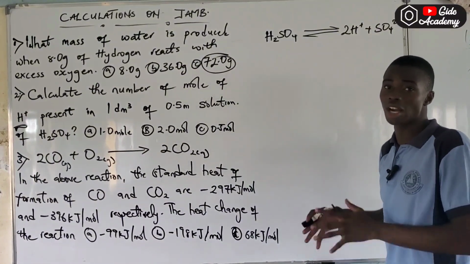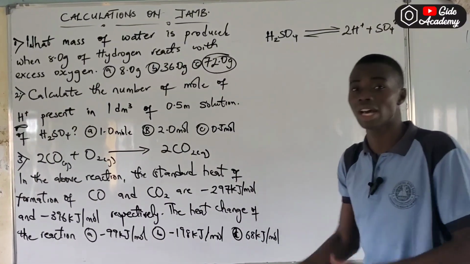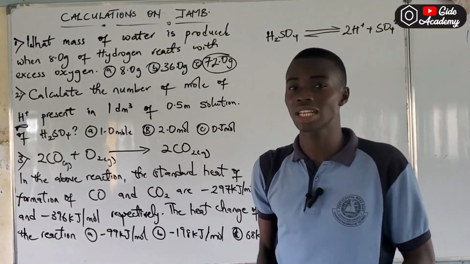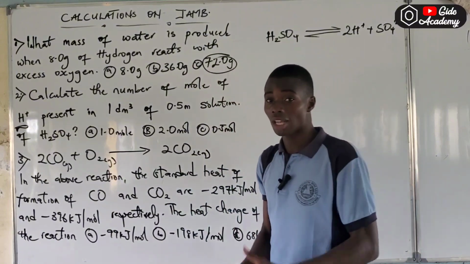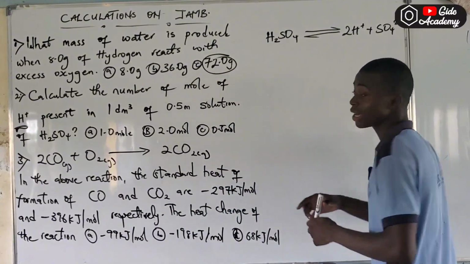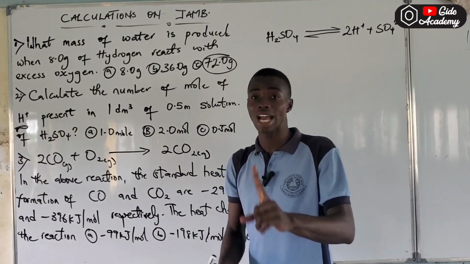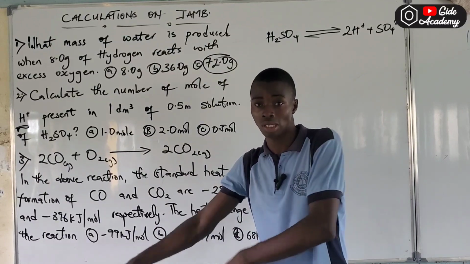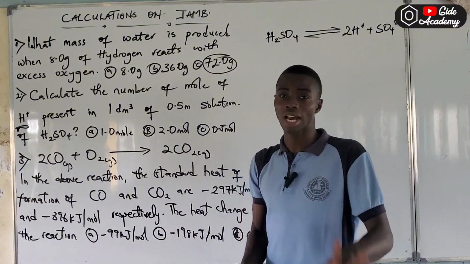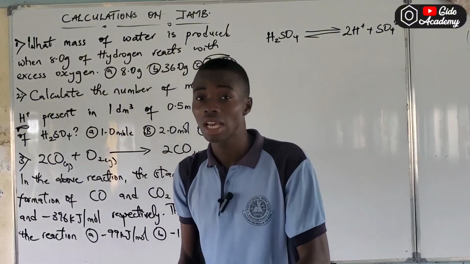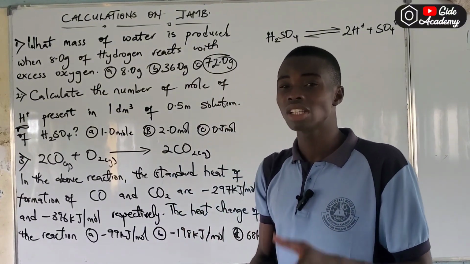This is taking us to another concept called basicity of an acid. Please take note, an acid can be monobasic, dibasic, tribasic, and so on. For example, if an acid ionizes and you have one hydrogen ion, it is said to be monobasic. If it dissociates and produces 2 hydrogen ions, it's said to be dibasic. 3 hydrogen ions is said to be what?